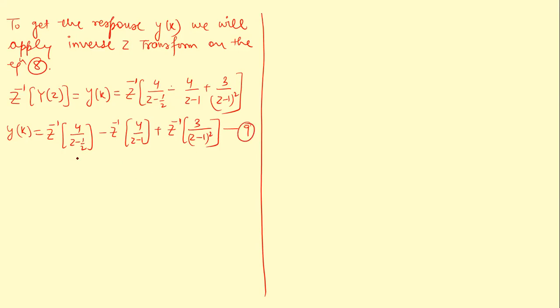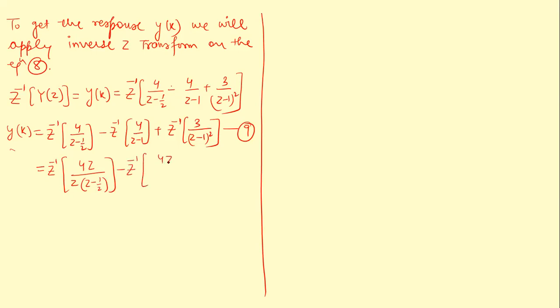Now if you see here, we need to convert this into a standard form so that we can get a standard inverse z transform of the given form, right? So to do so, we will divide and multiply this equation by z, each part by z, so this will be the new equation, right?